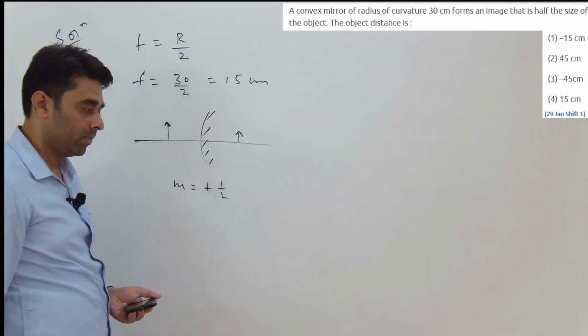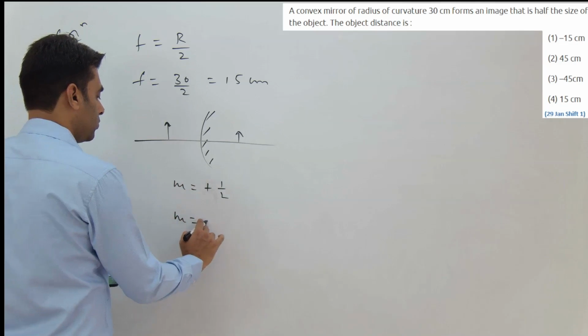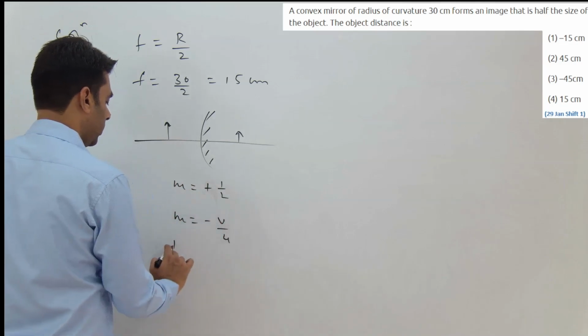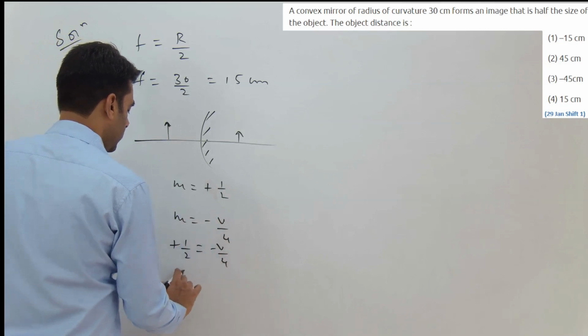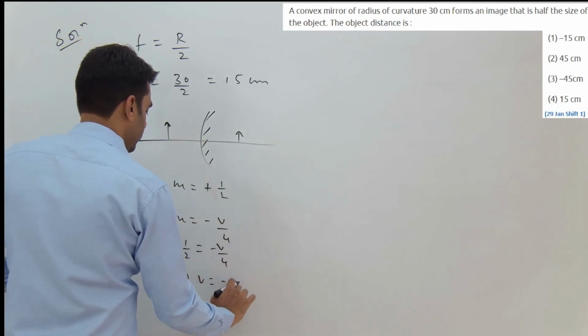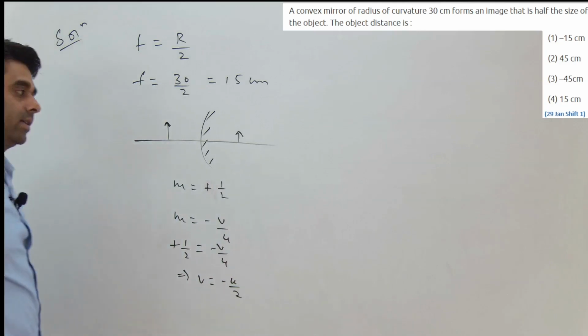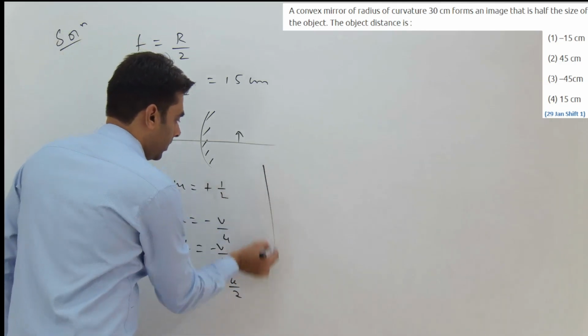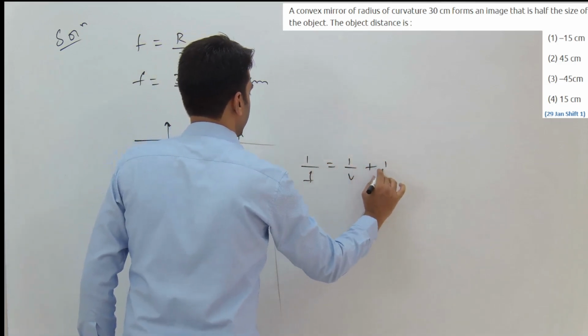Fine, well and good. In our magnification relation, what do we know? m is equal to minus v by u. So we can write plus 1 by 2 is equal to minus v by u. v value comes out to be minus u by 2. Now let us apply the mirror formula: 1 by f is equal to 1 by v plus 1 by u.